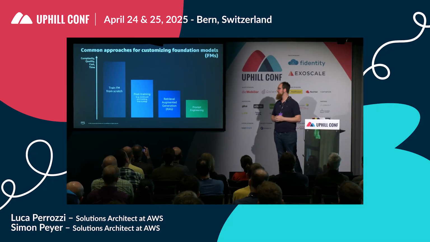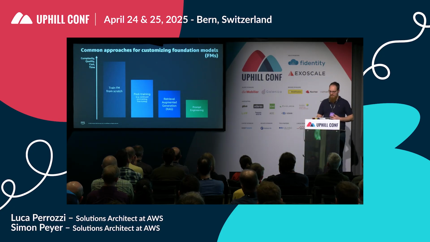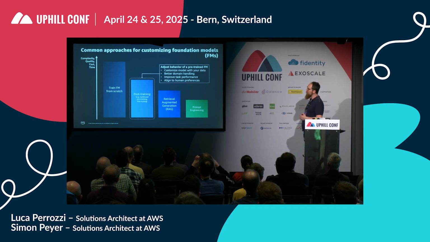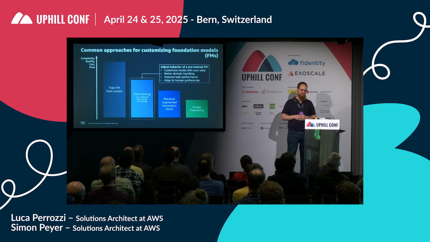So we see there are really different approaches, and when we go from the left side to the right side, they also vary in complexity and in the quality of what you can get. And in this session, we will be really focusing on the post-training part, more precisely on fine-tuning. The idea there is that you can customize models with your own data and improve your tasks. So you can really create the model which you need for your specific tasks.